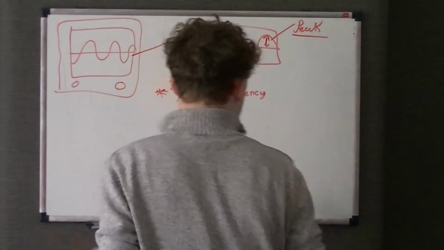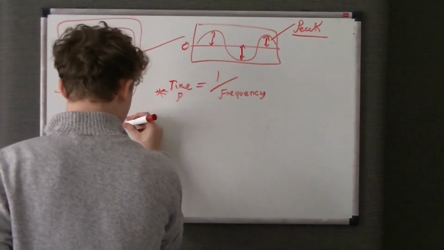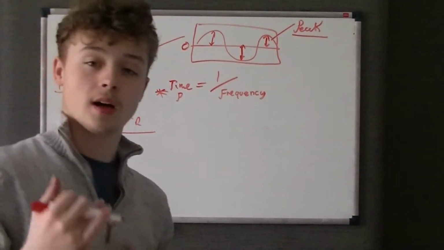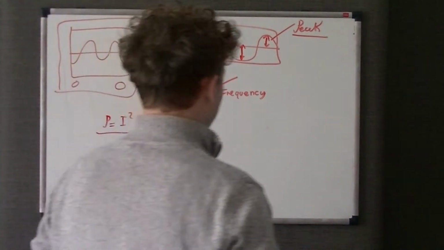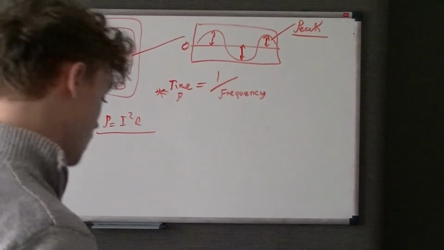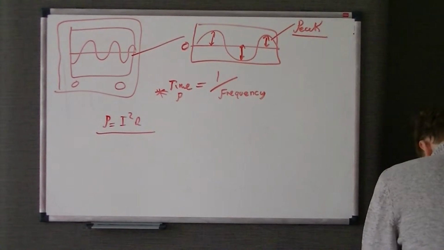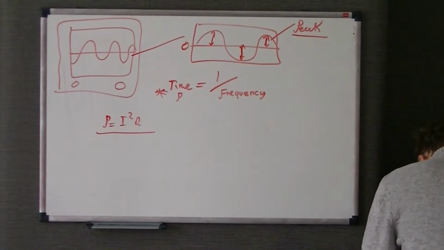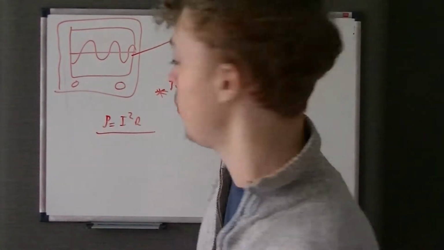The power supplied to a heater, for example, is still P equals I squared R. If you don't know how we got that, look back at the EMF video in direct current unit 1.